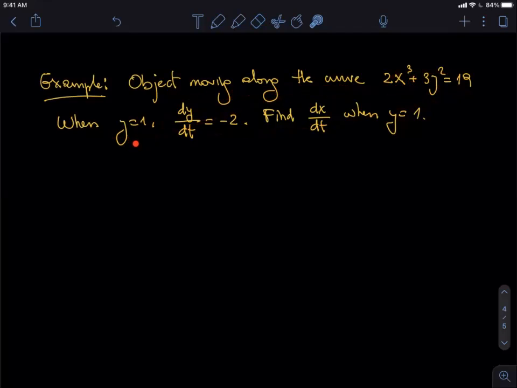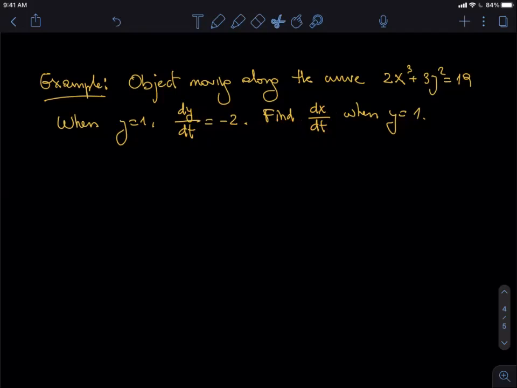And the question is, when y equals 1, if we know that the rate of change of y in t, the rate at which the second coordinate changes, is -2, what is going to be the rate at which the horizontal coordinate is changing?